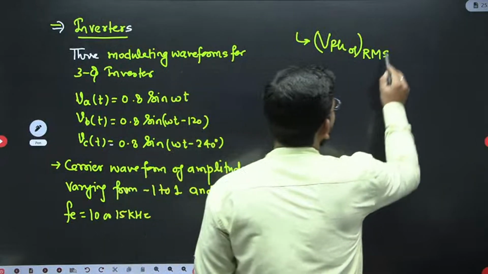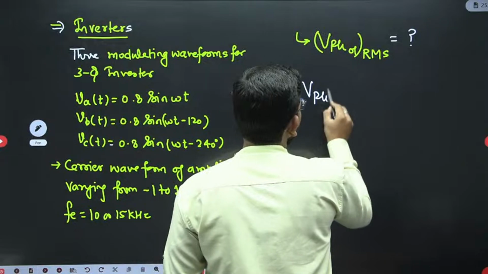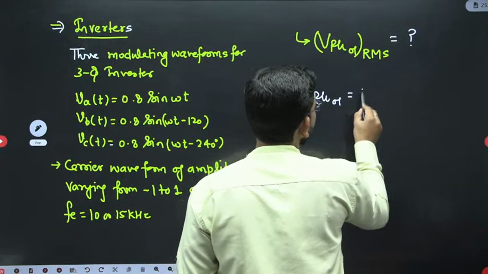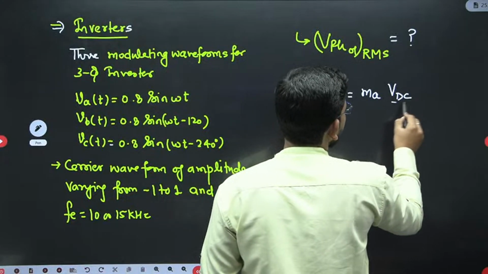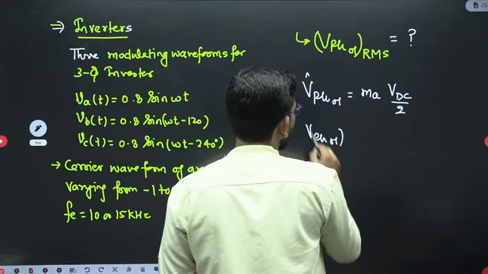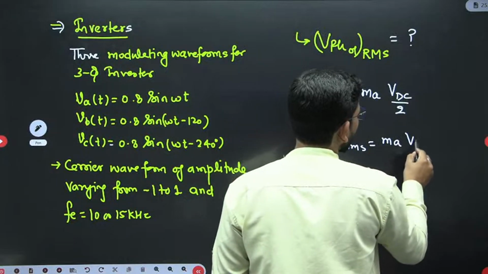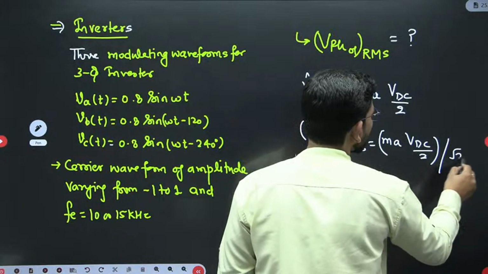So for that, what will be the value of this? The fundamental phase voltage has a formula: modulation index times VDC by 2, right? Now what we have to calculate here is the RMS value. So the RMS value will be MA VDC by 2, divided whole by √2, right?